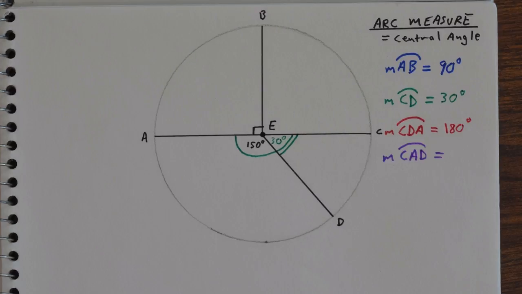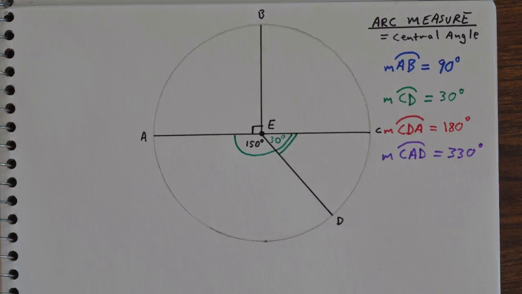If I ask you for CAD, that's different. Now I'm going to start at C, and then follow the order of the letters. C, go in the direction of A, end up at D. And so we're going the long way around the circle. So instead of 30 degrees, we actually have the remainder of the circle, so 330 degrees.